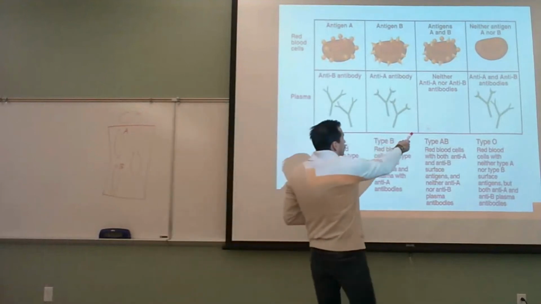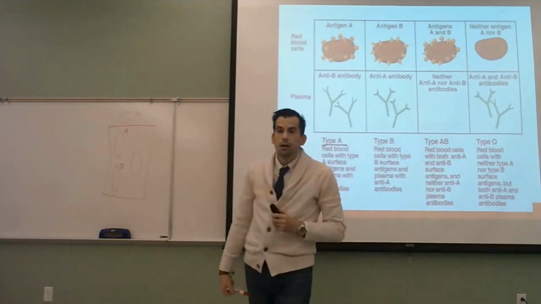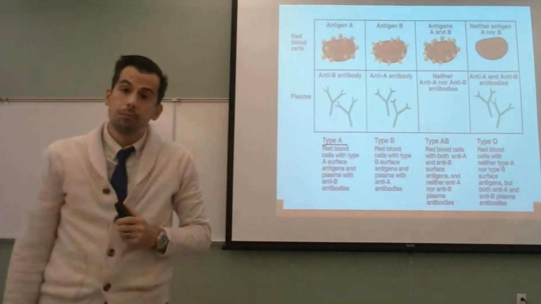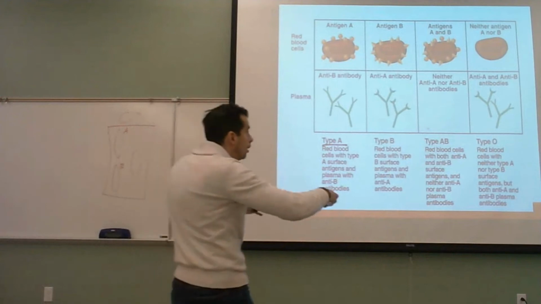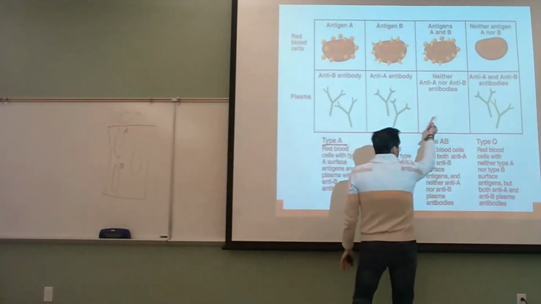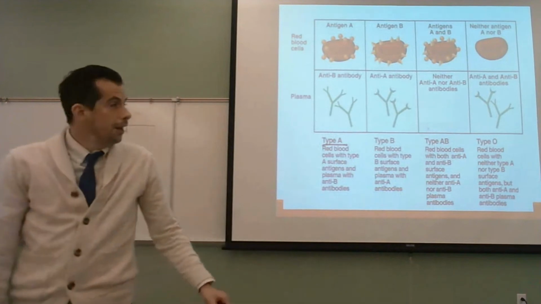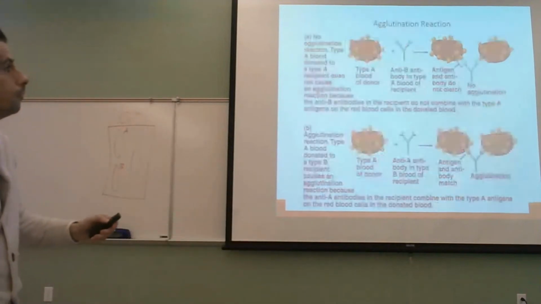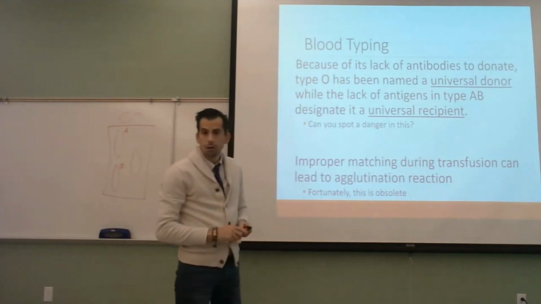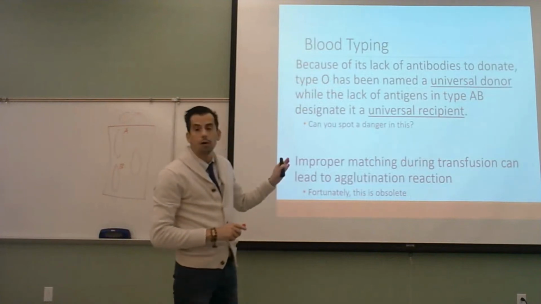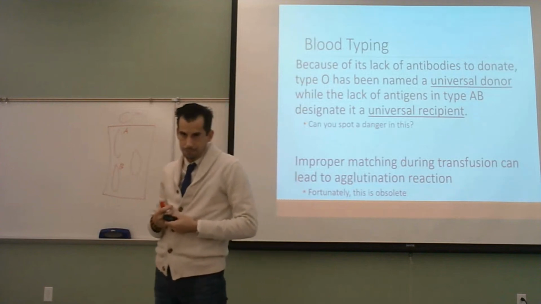Type AB is the universal recipient because it does not have any naturally occurring antibodies. So whatever type of cell we put into type AB blood, there are no antibodies to attack the cells that are being donated. Now those terms, universal donor and universal recipient, it's important to recognize that these are volume dependent.